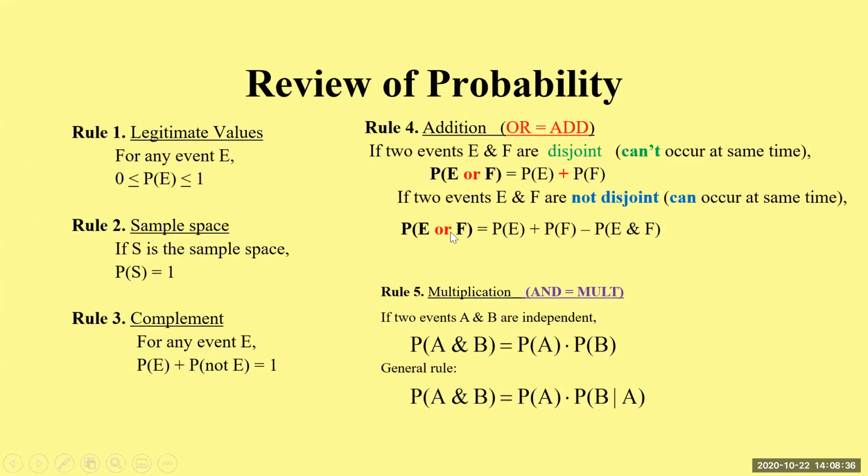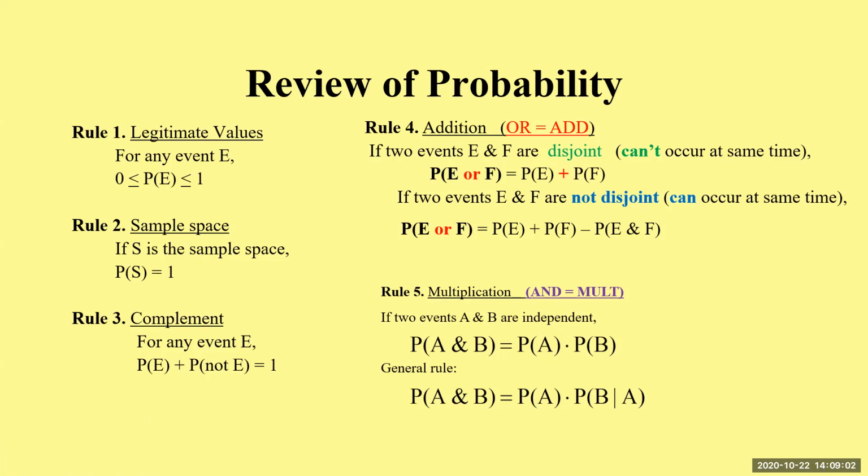And we have two additional rules, addition rule and multiplication rule. So if we have two disjoint events that can't occur at the same time, no overlapping region, the probability of event E or event F happening would be adding. So if we have an or, we're going to add the probabilities. Again, straight adding is only if they cannot occur at the same time.